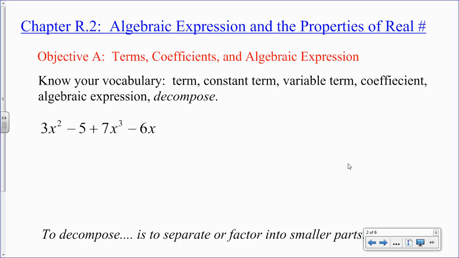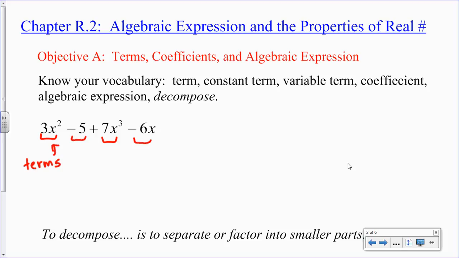So each one of these are terms. Which one is my constant term? -5.